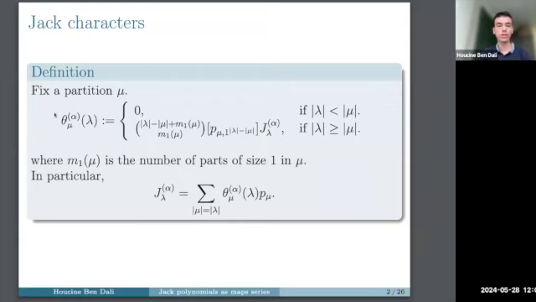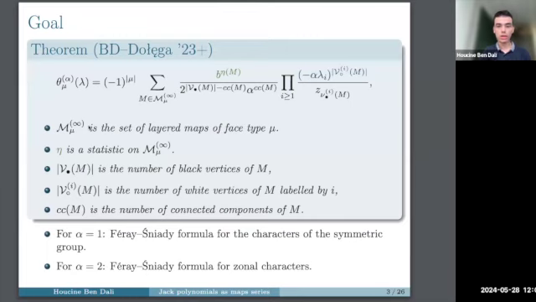So we have these Jack characters, which are basically functions on Young diagrams, and which give the coefficients of Jack polynomials in the power sum basis. And the main theorem is telling us that we can obtain the Jack characters as a sum of layered maps which have some face type mu, and which are counted with some weights.